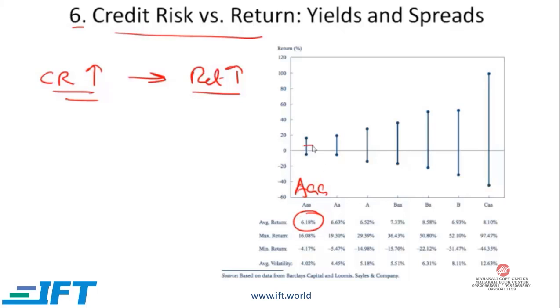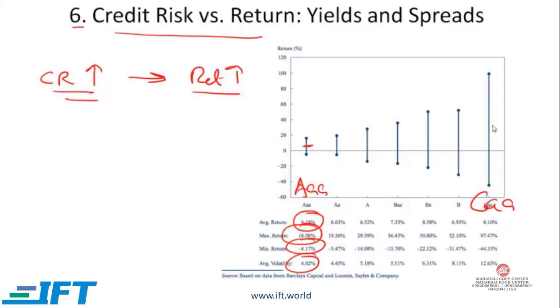here the average return is 6.18%. So that's the average return. The maximum return 16%, minimum return minus 4%, and average volatility about 4%. If you go to the other end of the spectrum over here and look at CAA bonds, notice the volatility or variation is much more.